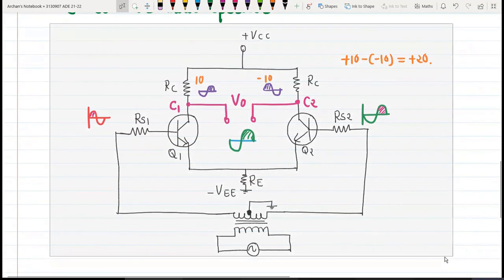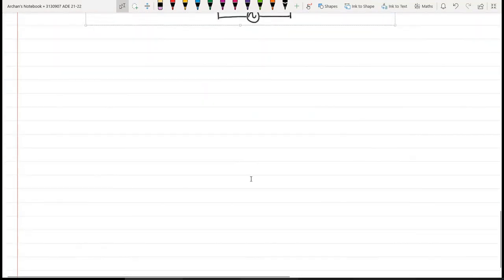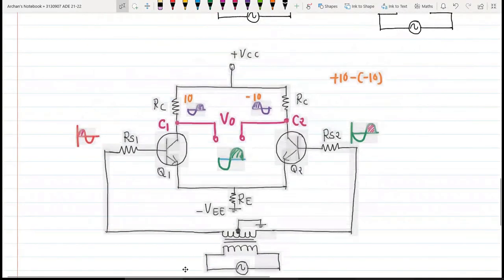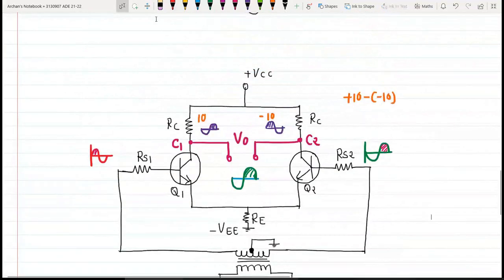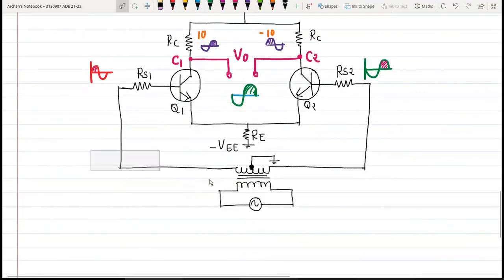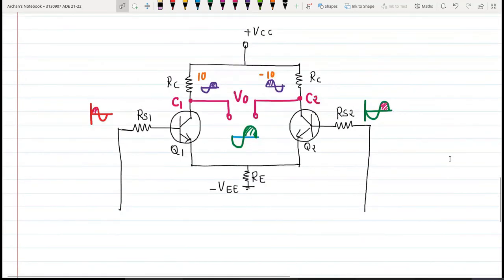So we will be using the same circuit over here. Now what is not there is this transformer, sorry, not transistor, transformer.